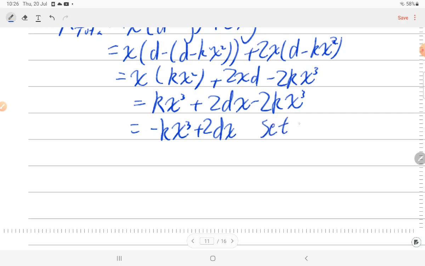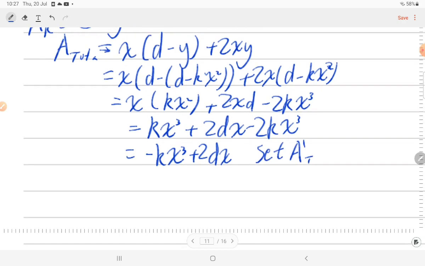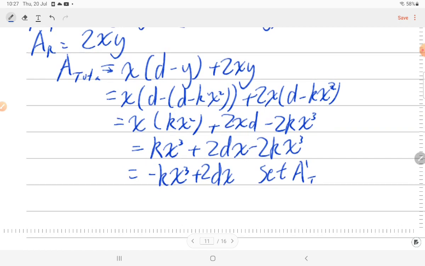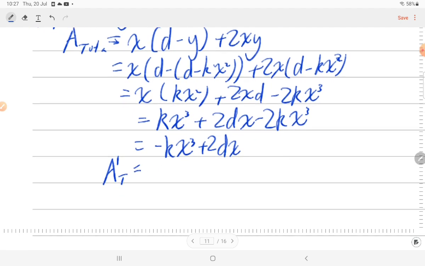So set this equal to 0. A dash. Oh no, sorry, no. This is A, this is still the area. So we want to take the derivative of the total area: the derivative of negative kx cubed is negative 3kx squared, take 3 down and then take 1 off, plus 2d. Then set A dash equal to 0.